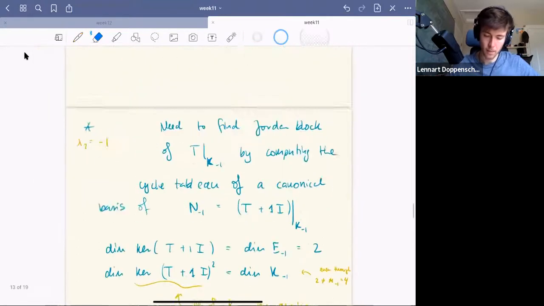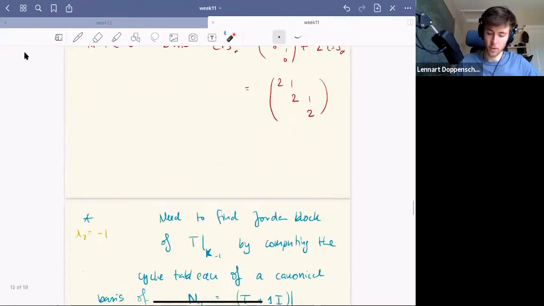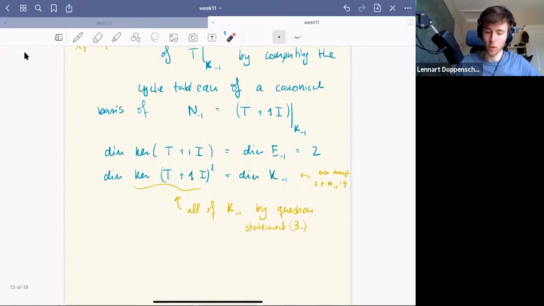So usually we know that if the power of this is the multiplicity of the eigenvalue, then it's the whole generalized eigenspace. But it can happen that this is already the whole eigenspace for a lower power. So we know that this is equal to 4.